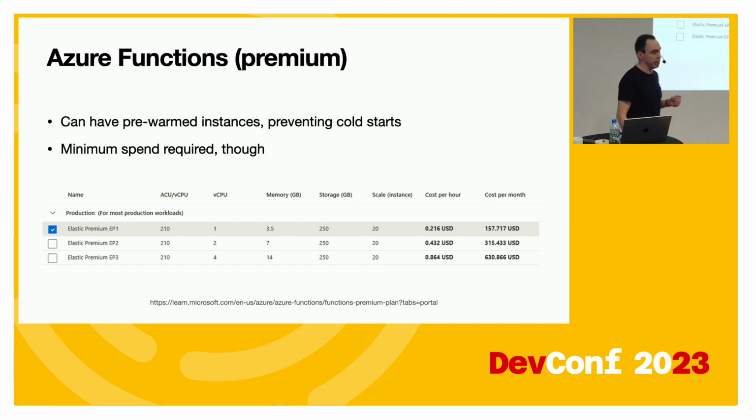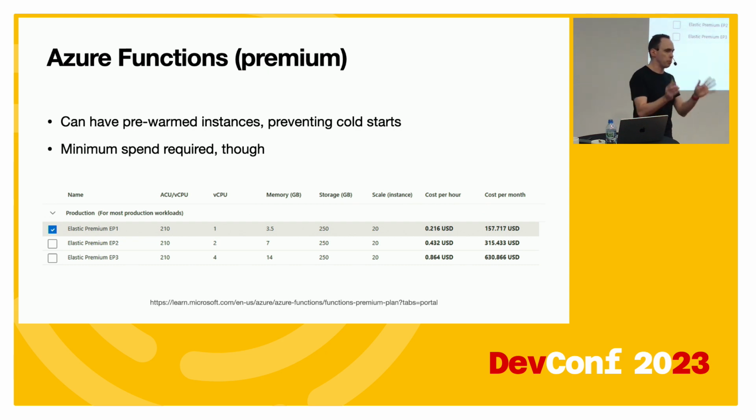But it requires a hosted premium instance that starts at 157 USD a month, which then you ask yourself, well, Azure Functions are supposed to be quick and cheap. Why would I pay for that? As a turnkey way of gaining performance or eliminating cold starts, that might be a thing. But like I said, the more you use Azure Functions, the more expensive they get.